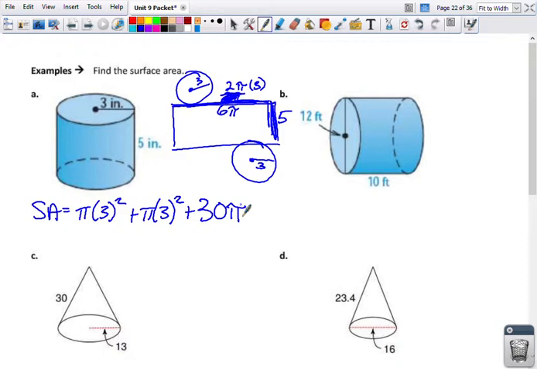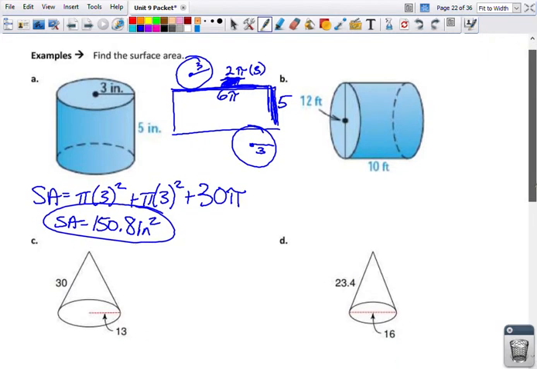And I'm getting 150.8, and we're talking about inches, and we're talking about surface area, like how much could I paint on the outside of this thing, inches squared.